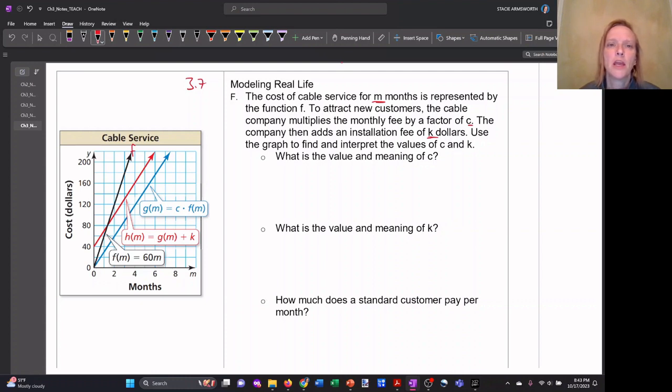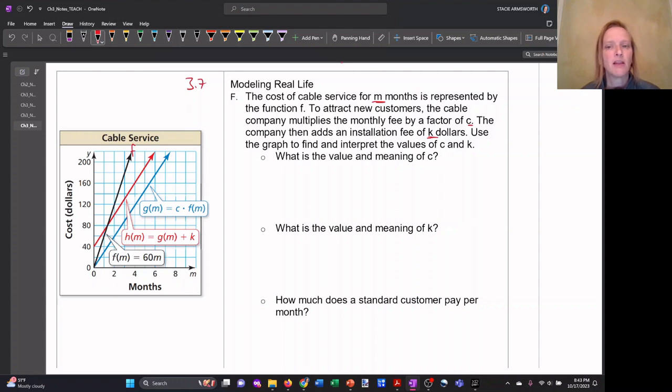So the question is asking us to use this graph to find and interpret the values of c and of k. So I have my original f function here, f of m equals 60m. Well, what does that mean in the context of this problem? The total cost for m number of months is 60 times m.